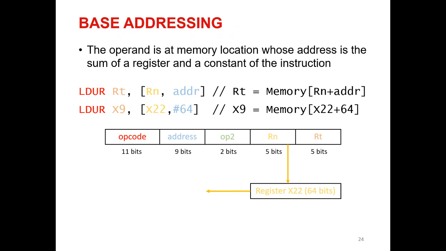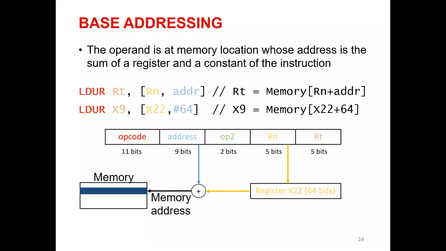So this will be the base address for the array, and then we add a constant to that address. In the case of the arrays, in order to access element 8, we need to add here the value 64, and we will be accessing element 8 of the array placed in the base register x22, and we will then go to that memory address and get this value from there. Okay.